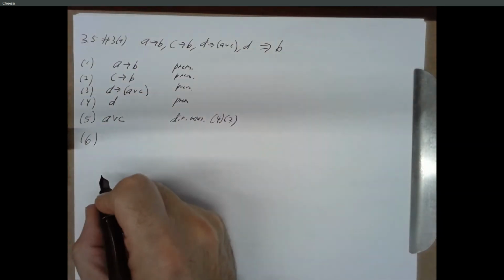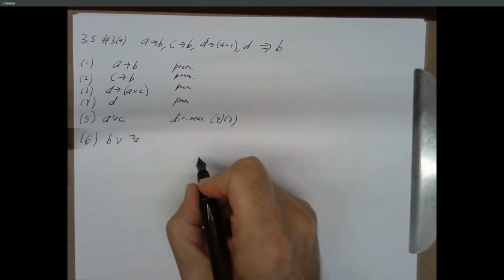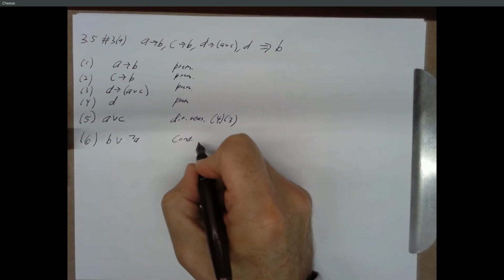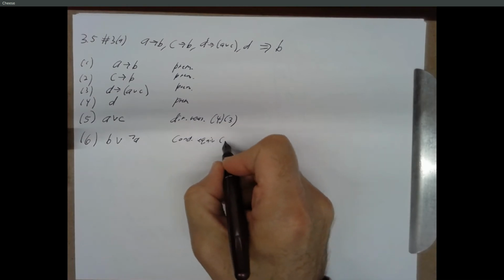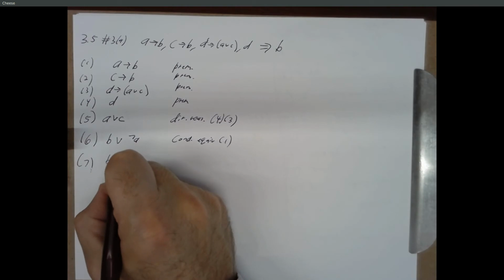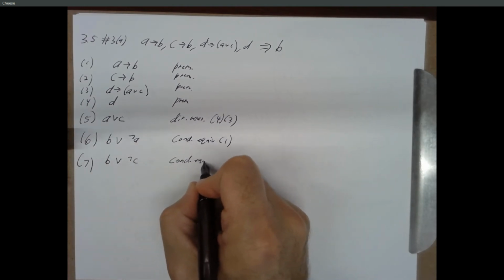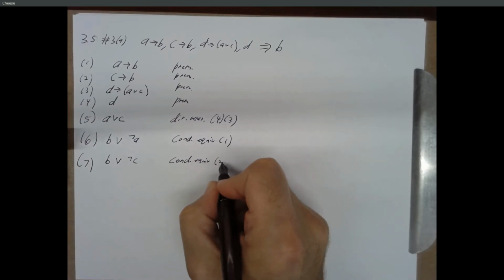And we know A implies B, which means B or not A. That's conditional equivalence of 1. And C implies B, so we know B or not C. That's conditional equivalence of 2.